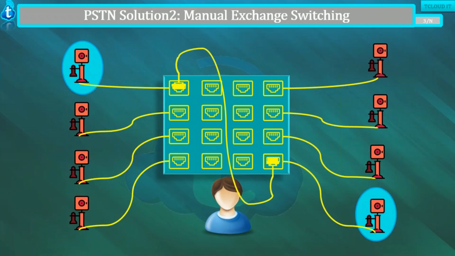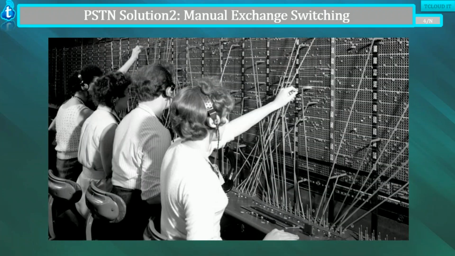So obviously this is what they have implemented. If you see a real world situation from the old days, nowadays we don't do it, but in the old days they used to do this. These are the humans who are actually connecting the ports that are leading to different devices. They are taking one port and connecting it to the other ports. Now you can just imagine each hole that you see over there is actually a port leading to one device.